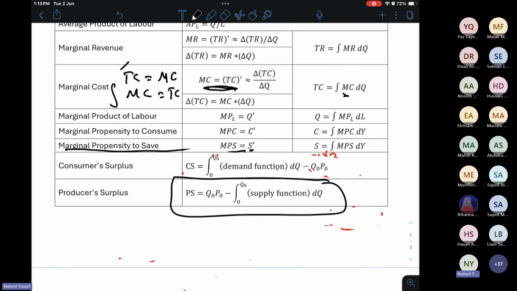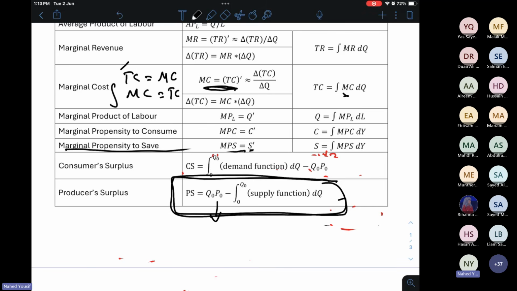On the graph, identify the shaded region that represents the producer surplus and label it clearly. As we did, the first one is just the graph. For part B, we have to continue with the solution, so we will use this formula.